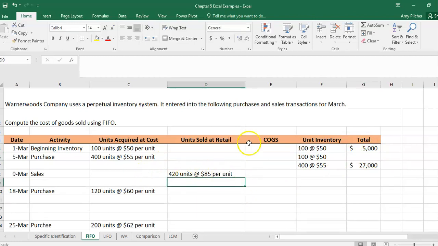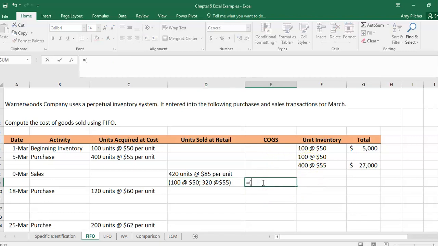Now, when we make this sale on March 9th of 420 units, we sell all of our beginning inventory costs first. So 100 of them are our beginning inventory at $50. The next 320 come from the $55 purchase for a total of 420.